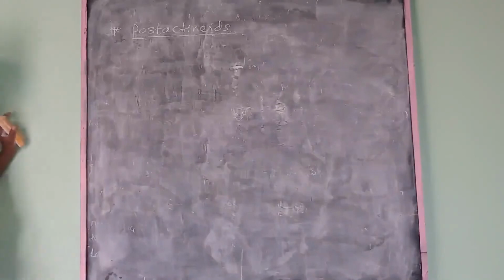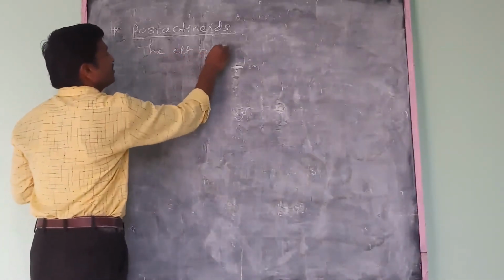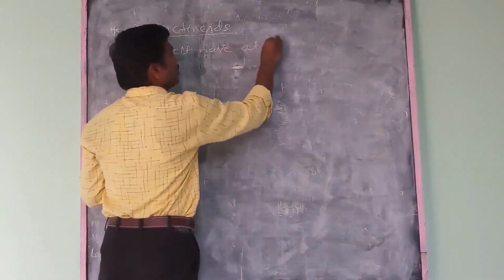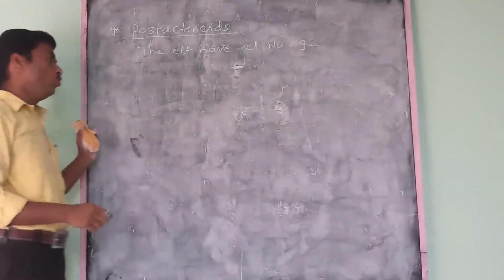Post-actinoids are nothing but elements having atomic number greater than 92.